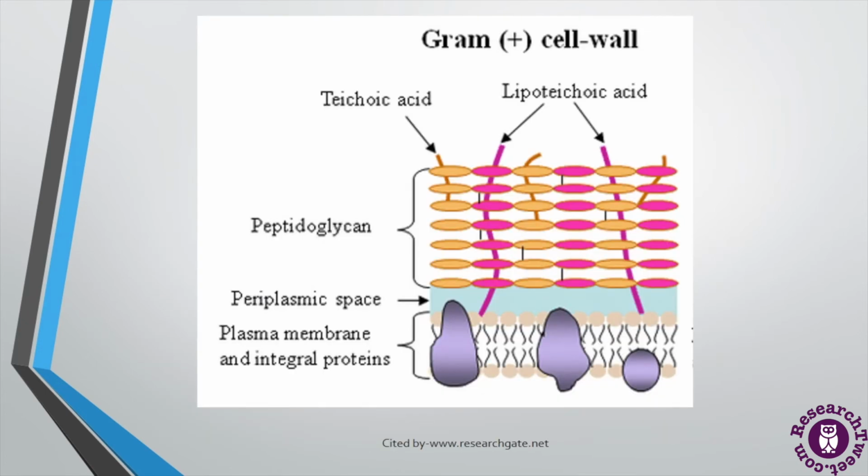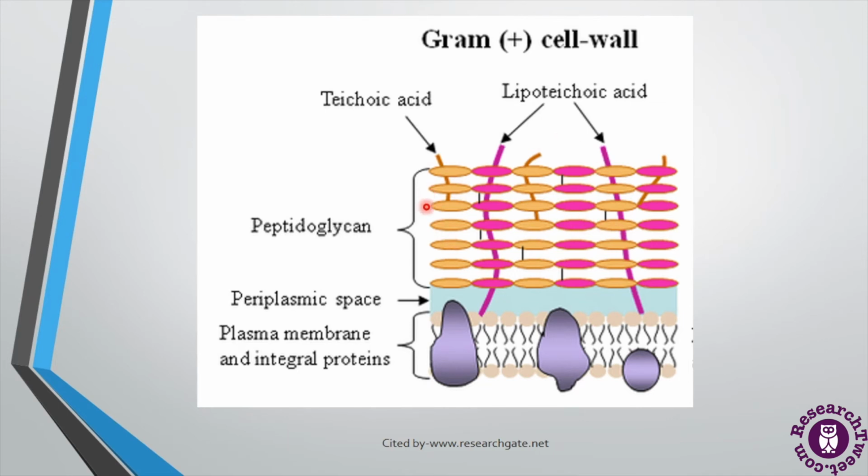So now let's understand the cell wall composition of gram-positive bacteria with the help of this diagram. Here in this diagrammatic presentation, we can see the structure of the cell wall of gram-positive bacteria. In the uppermost part there is a layer of teichoic acid and lipoteichoic acids.